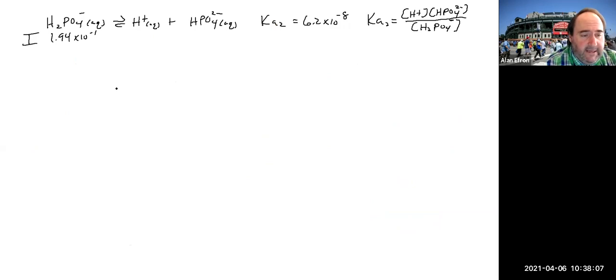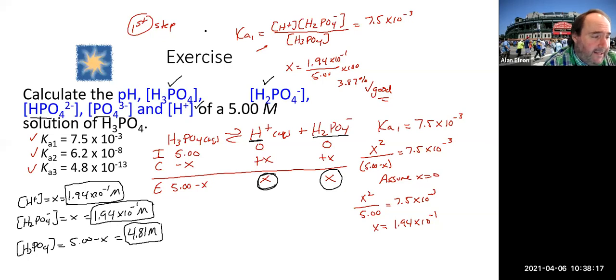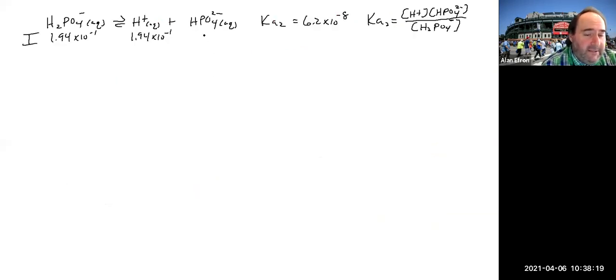And that would then get us also 1.94 times 10 to the minus 1. How about HPO4 2 minus? Well, if we go back, it's not there. So this would be 0 in this case. Any questions on that? The rest of it is going to be kind of like normal.